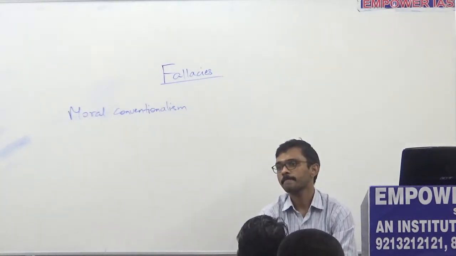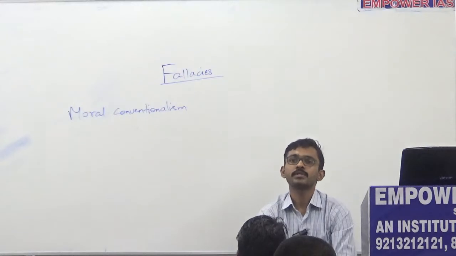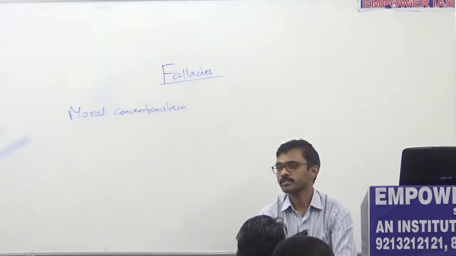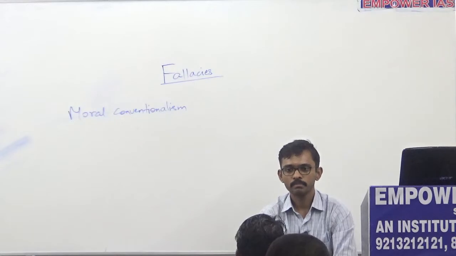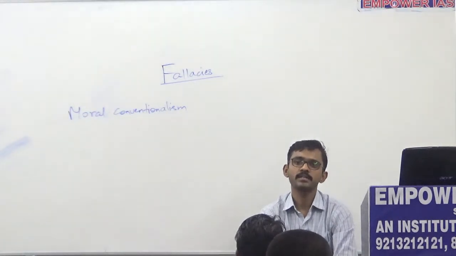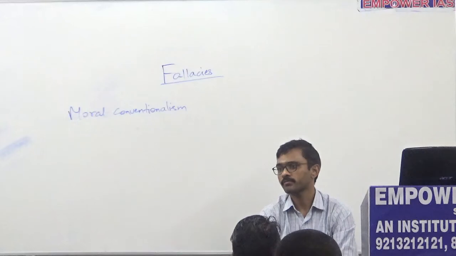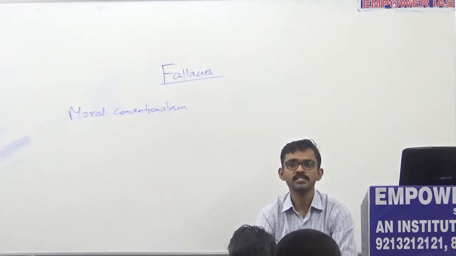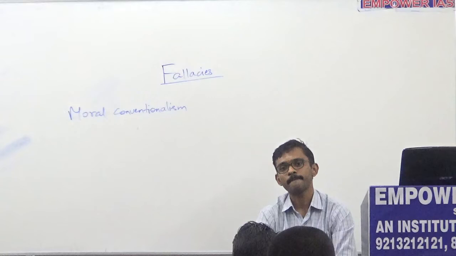Yes, triple talaq. Or things which were historically part of our culture or which are still part of our culture but they are not ethical. Female infanticide, sati, untouchability. They were part of our culture. They had social and cultural sanction but they could not be considered ethical.